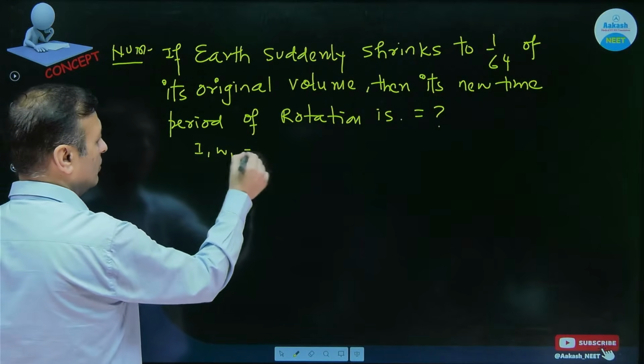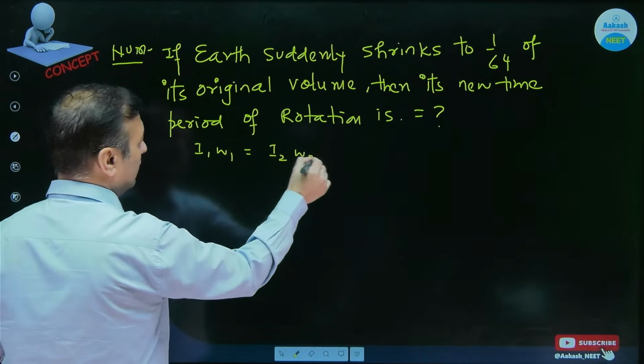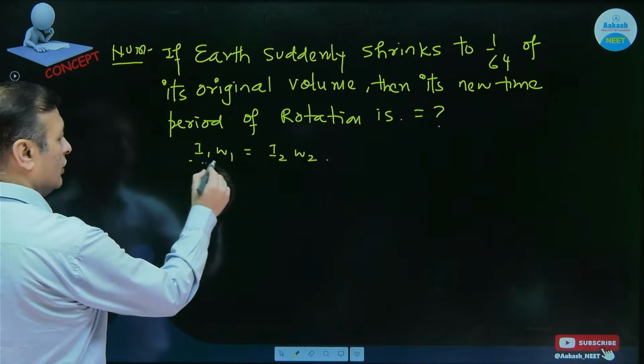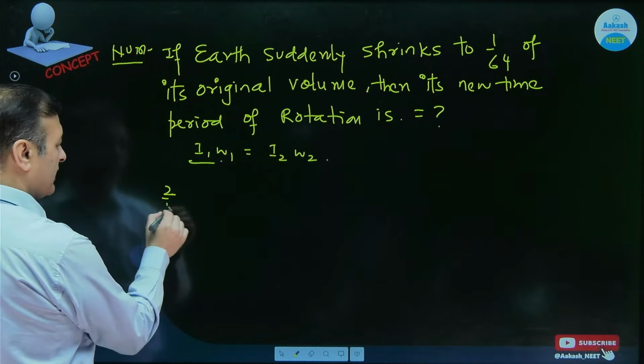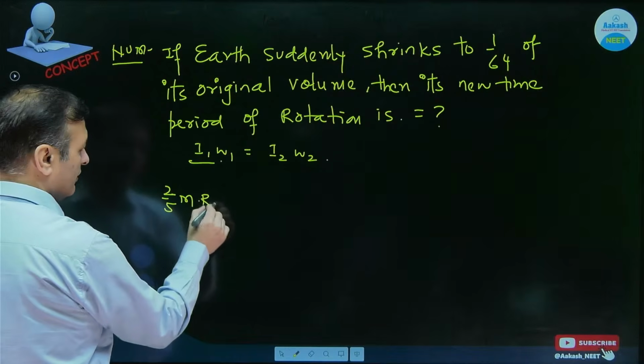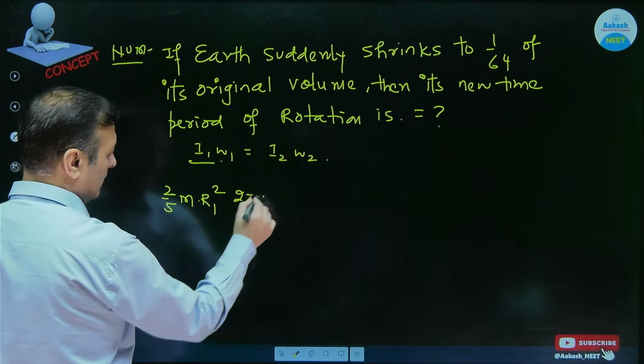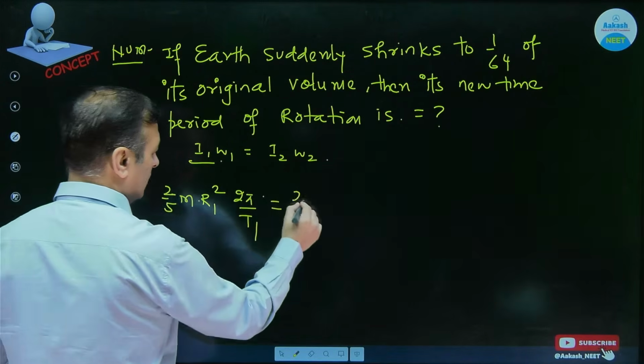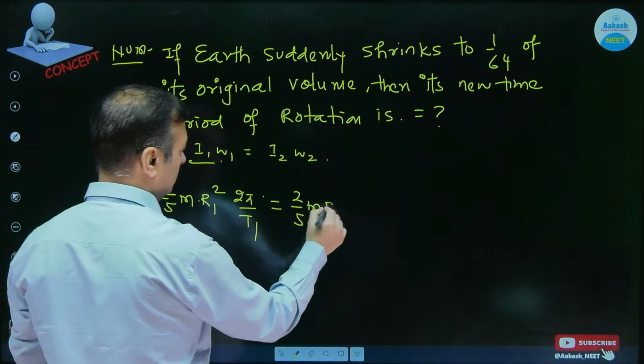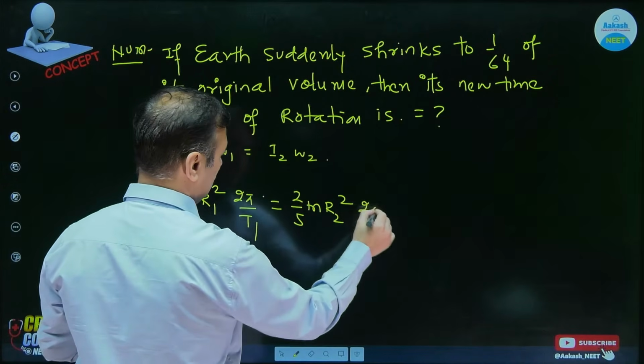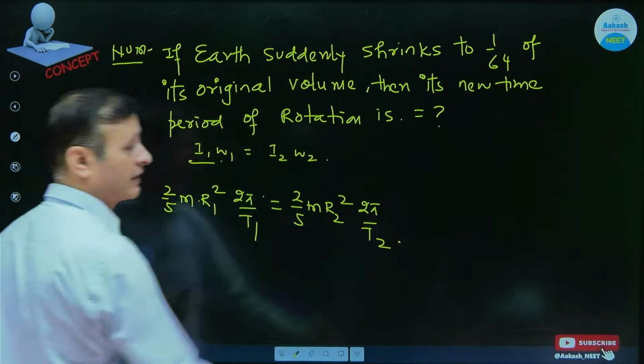So, I1 omega 1 is equal to I2 omega 2. So, Earth being a solid sphere, so we'll keep it as 2 by 5 m r1 square, 2 pi by T1, and this is 2 by 5 m r2 square, 2 pi by T2.